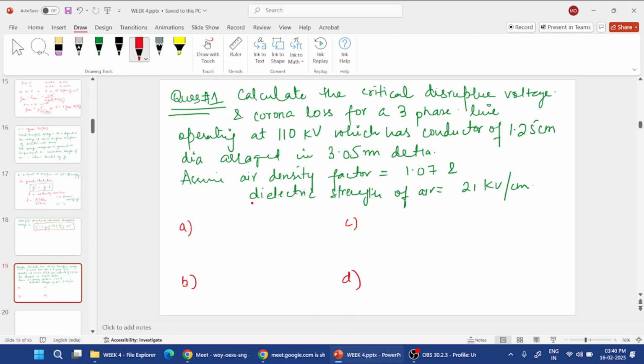The first option is 90 kV and 0 kilowatt, another one is 50 kV and 75 kilowatt, then 110 kV and 0 kilowatt, and D, none of the above.